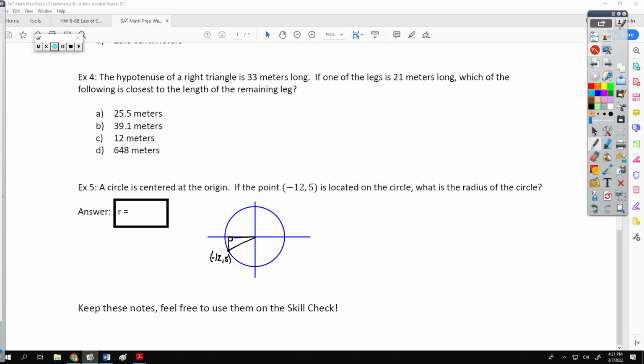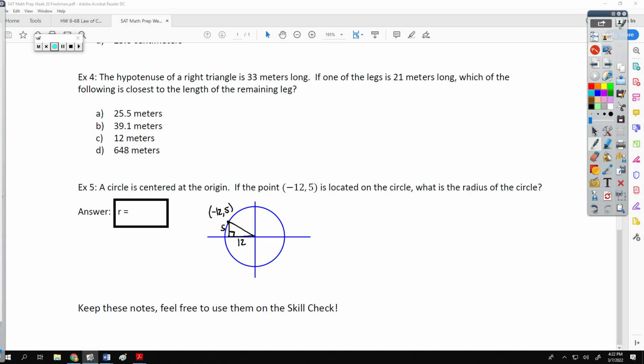We know that one side of that triangle is 12 units long because to get from the origin to that point, we had to go left 12. Actually, I put that point in the wrong quadrant. What am I doing? Negative 12, 5. To get to that point, we go left 12 and up 5, so it's located in quadrant 2.